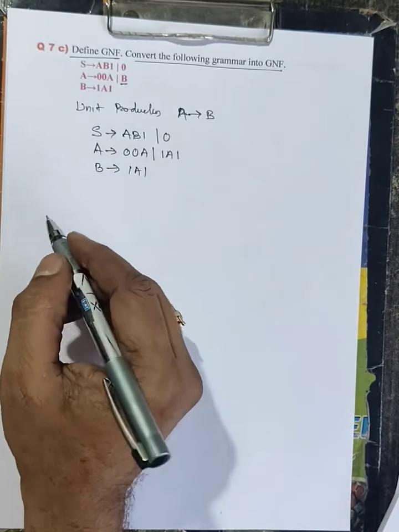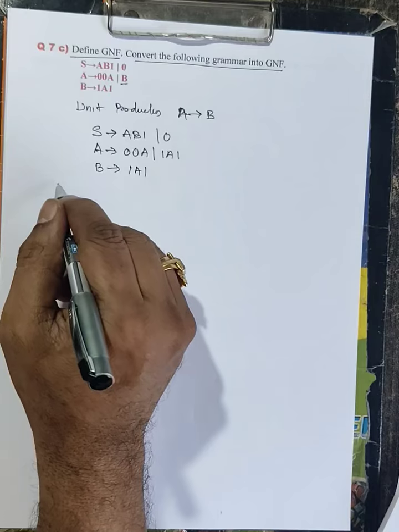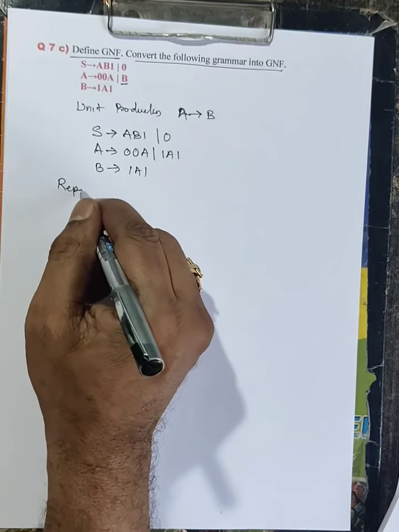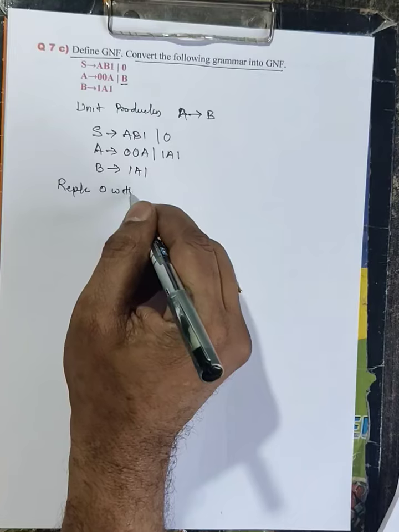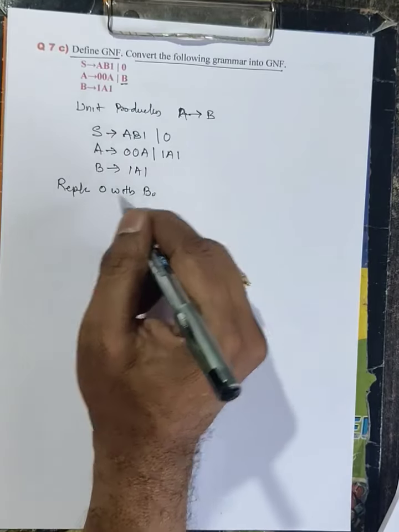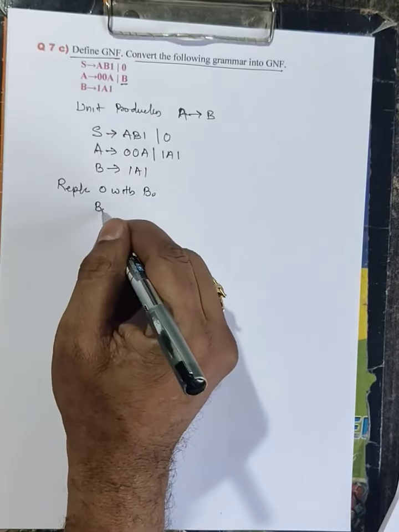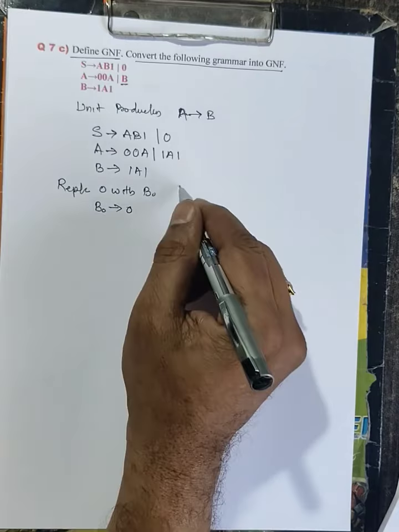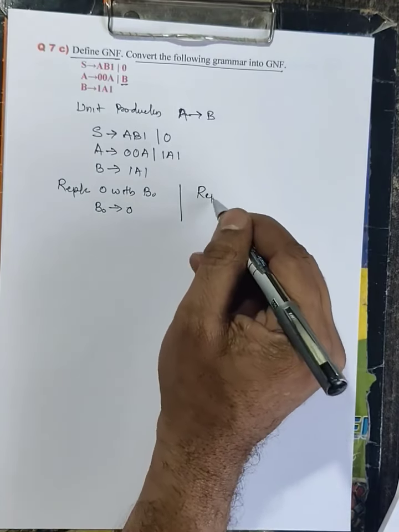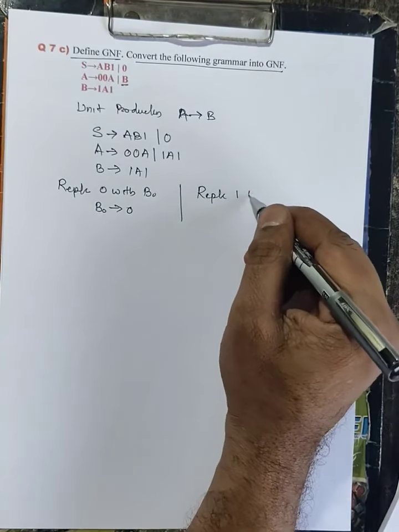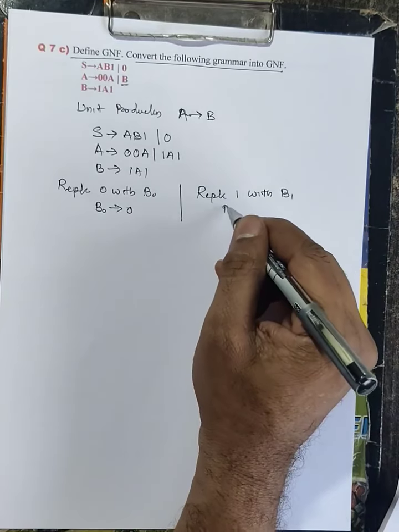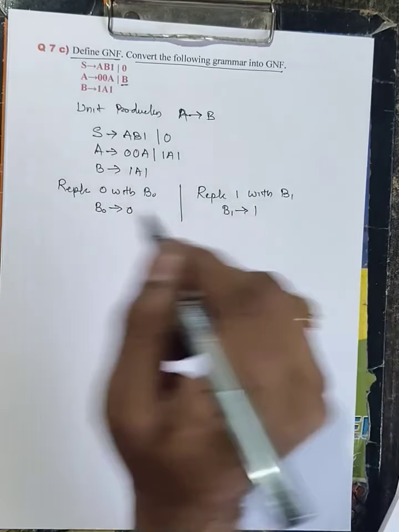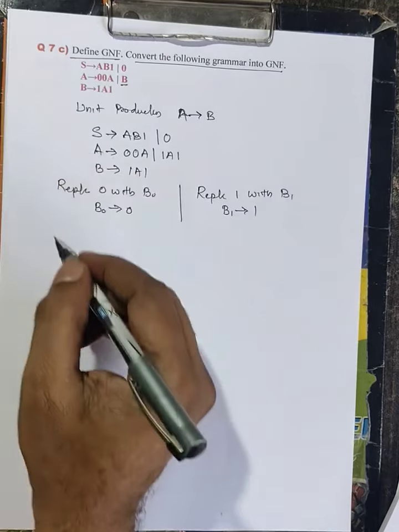Then convert into CNF. Directly we can replace 0 with a new variable B0, so B0 produces 0, and replace 1 with B1, so B1 produces 1. Substitute this.